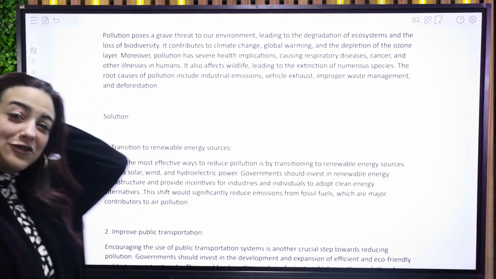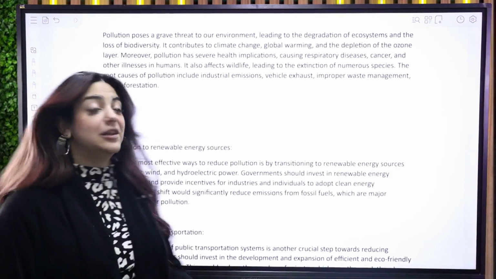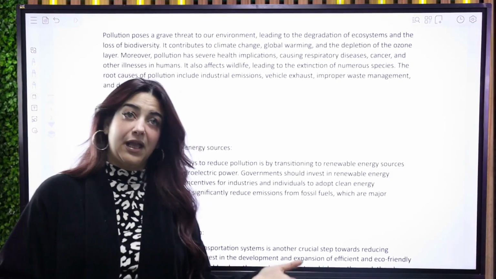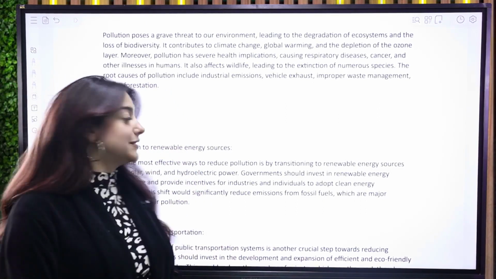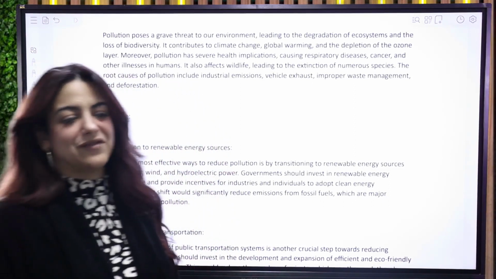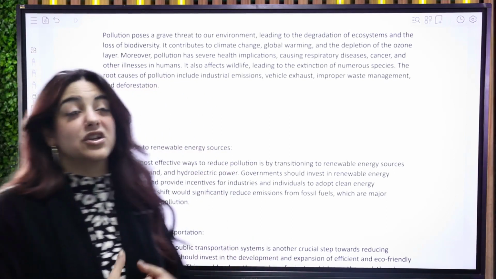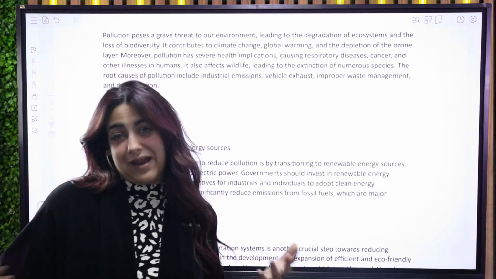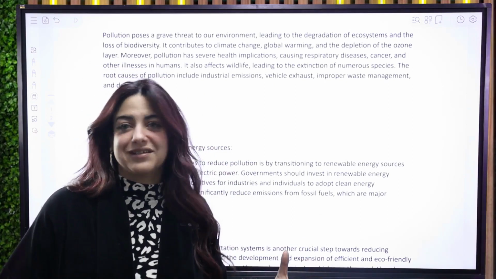Number 1 solution to this problem, I think, and the best solution here is the transition to renewable energy resources. Because you know that nowadays we have a scarcity in energy. We have the resources, and the resources in life are scarce. Scarcity means there is a deficiency in it.